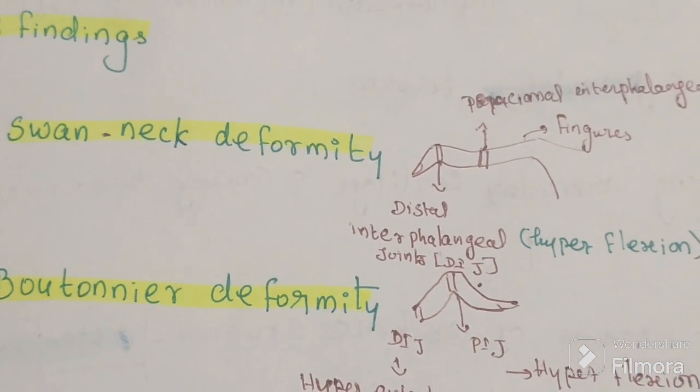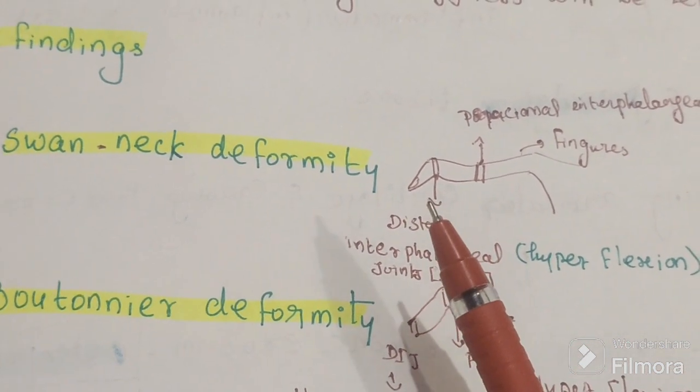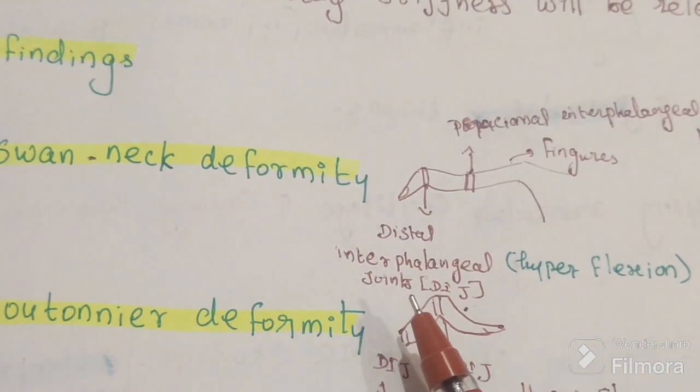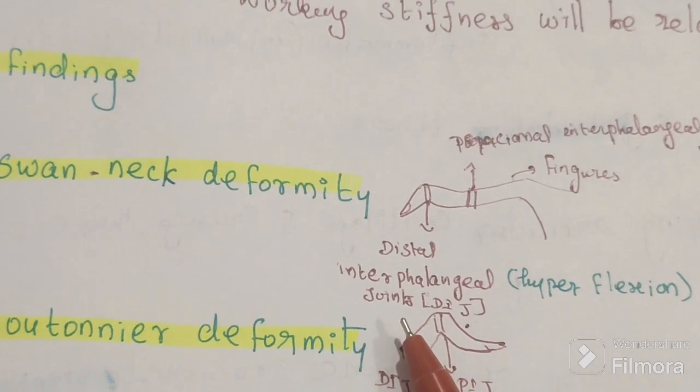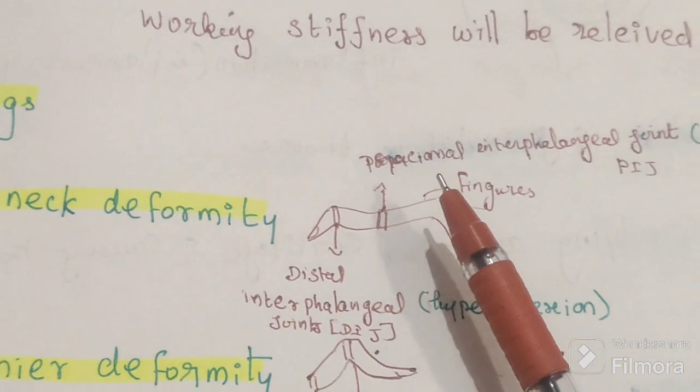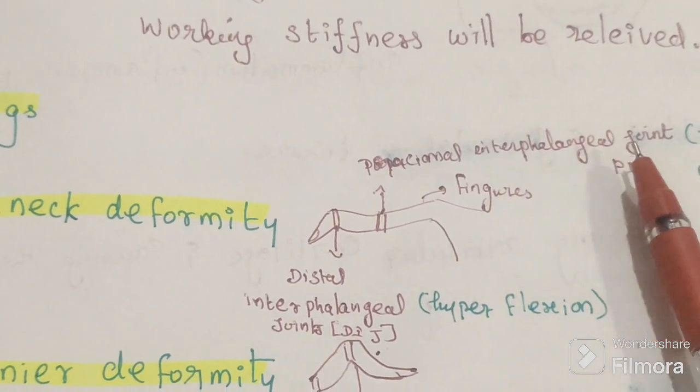When you look at this finger, here is the distal interphalangeal joint, and this is the proximal interphalangeal joint.